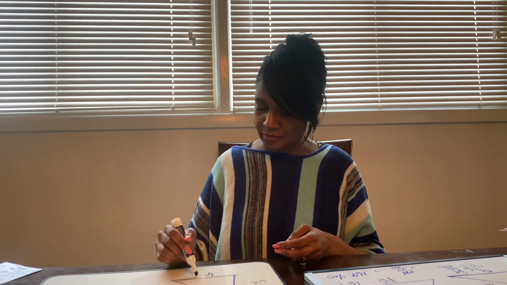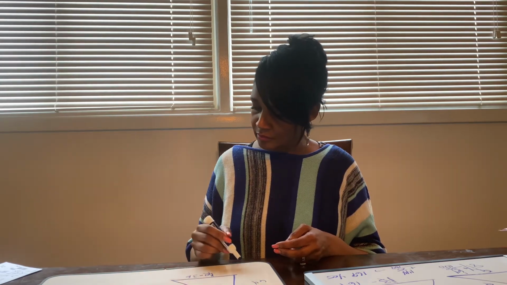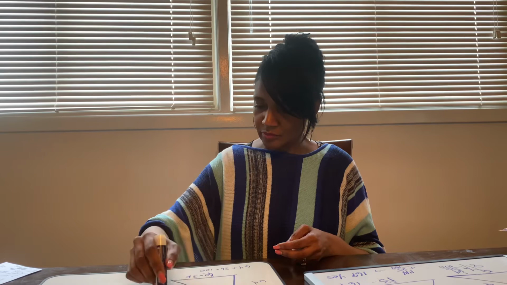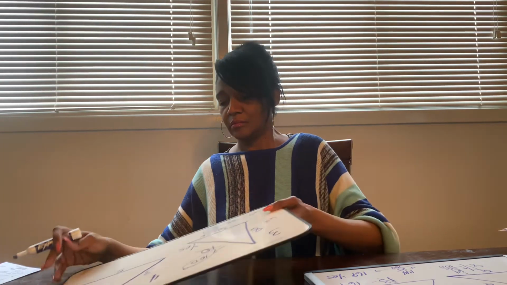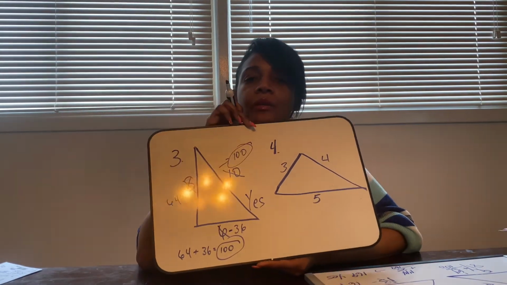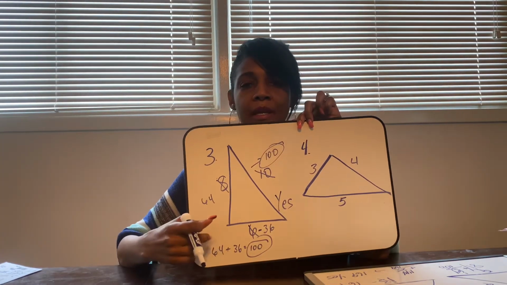This one is a little bit trickier, but it's still super easy. All right, so what we have here is a yes. This formed to be a right triangle.